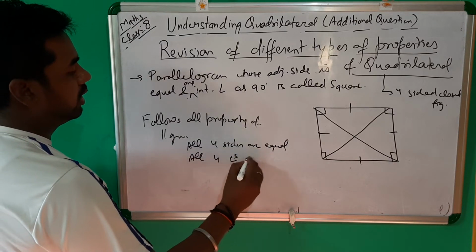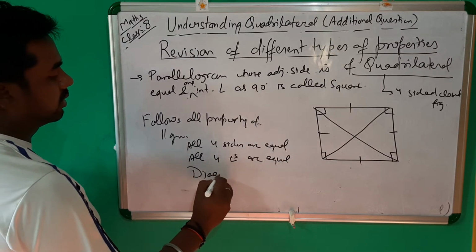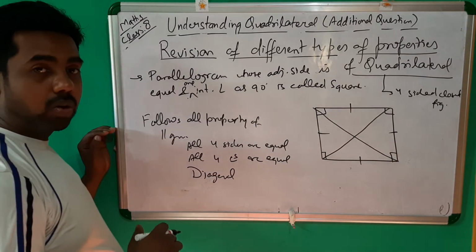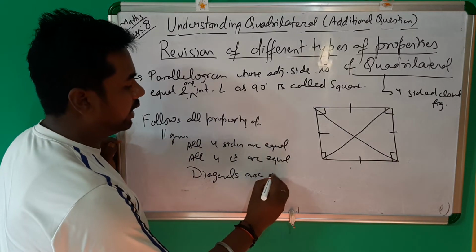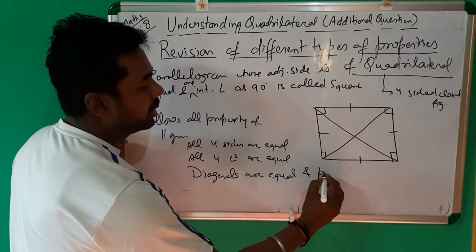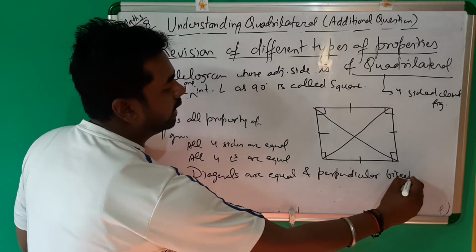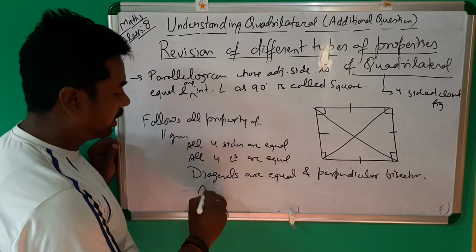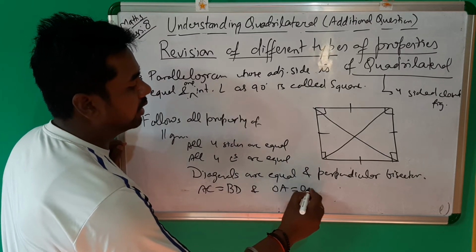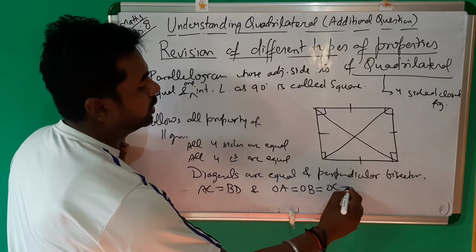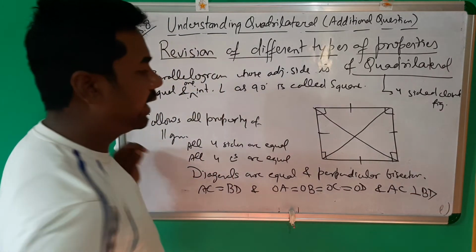So the special property of a square includes that all four sides are equal, all four angles are equal, and diagonals follow all the properties of a rectangle as well as a rhombus. So here diagonals are equal and also perpendicular bisectors. It means the whole diagonals are equal and parts of the diagonals are also equal, OA, OB, OC, OD, and diagonals bisect at 90 degrees also.